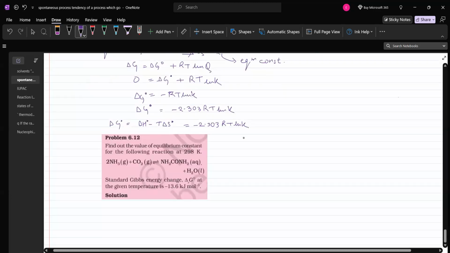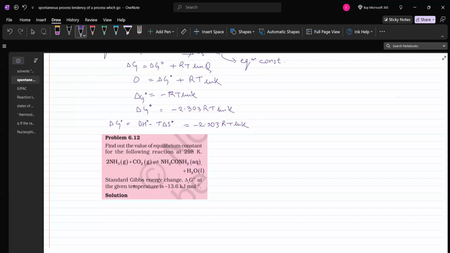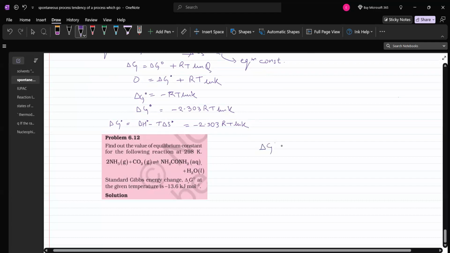The reaction is given, the temperature is given, 298 Kelvin, and the standard Gibbs energy, delta G naught, is given. So we have to just use this formula: delta G naught is equal to minus 2.303 RT log K.